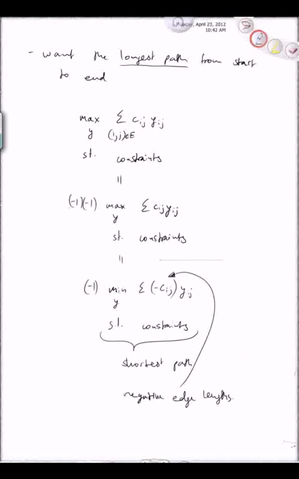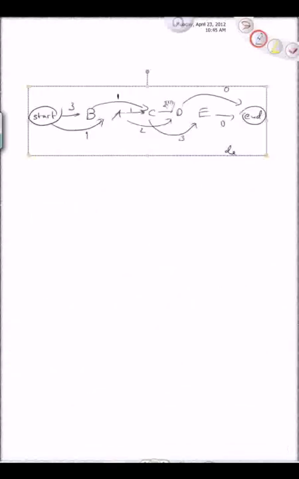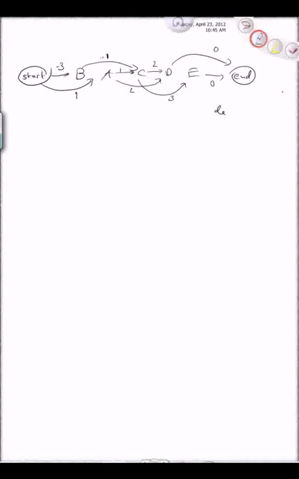So let's see how that shows up in our example. Let's take this graph that we had over here with all of its lengths. We want to find the longest path from start to end over here. And the way that we're going to do that is we're going to make all of these lengths negative. And now we're going to find the shortest path from start to end.